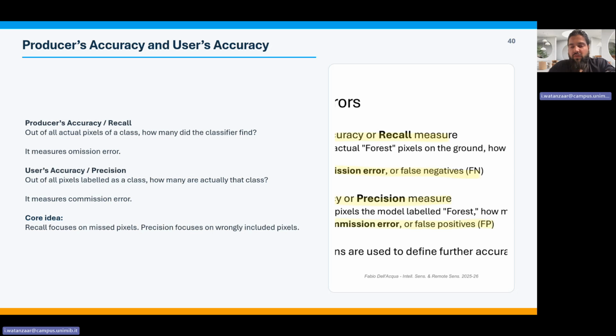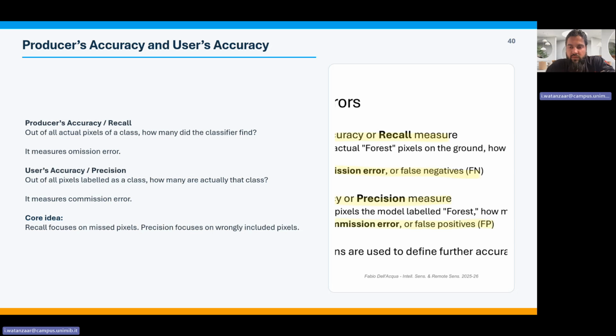How many are we removing? Let's suppose we have 100 actual pixels of a class and the classifier finds 90, so it omitted 10. This is the recall error. In the user's accuracy, or precision, out of all pixels labeled as a class, how many actually belong to that class?